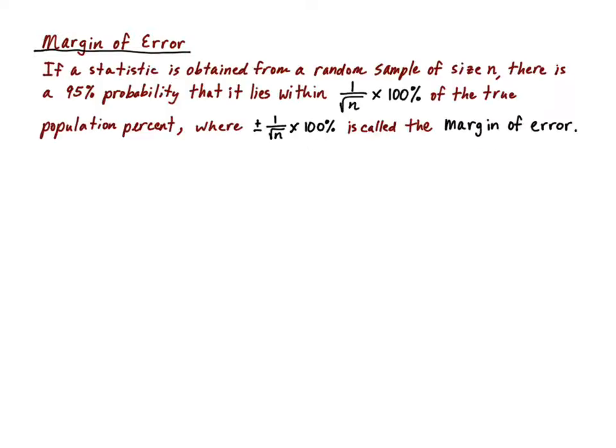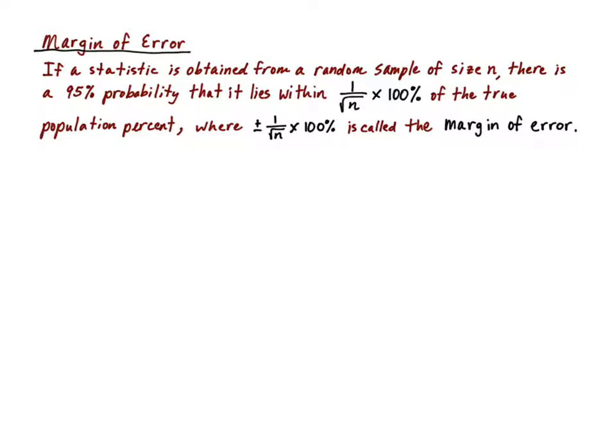All right, so let's go ahead and look at the definition. It says here, if a statistic is obtained from a random sample of size n, there is a 95% probability that it lies within 1 over the square root of n times 100% of the true population percent, where plus or minus 1 over the square root of n times 100% is called the margin of error.